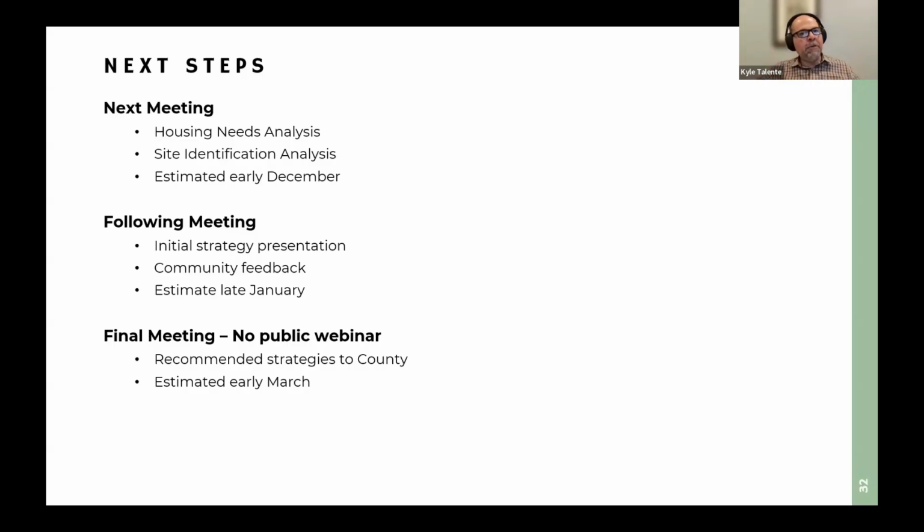As is, if any of you have ever looked at a longitudinal housing versus income study, the value of housing continues to outpace incomes, not just here in Roanoke County, across the country. And so you're right. As younger folks are looking to get into either home ownership or they want to live in a desirable place to live, those opportunities are becoming harder and harder as time goes on.